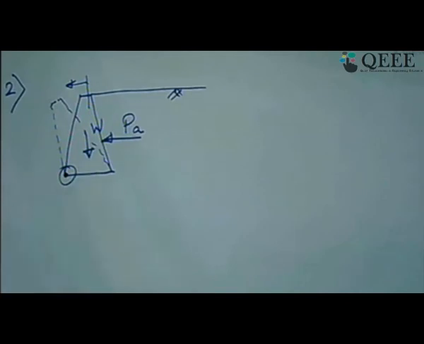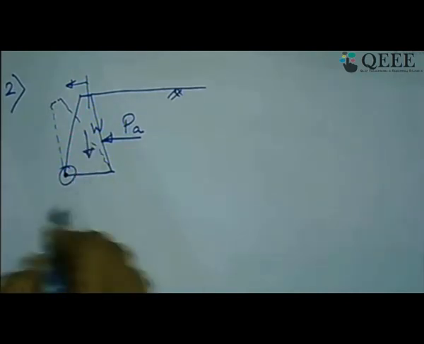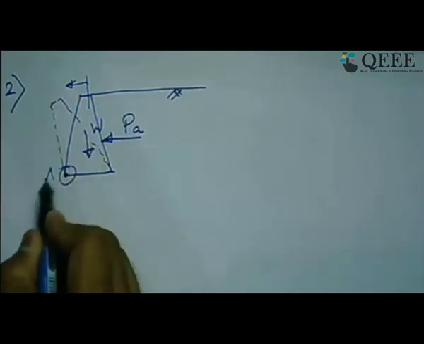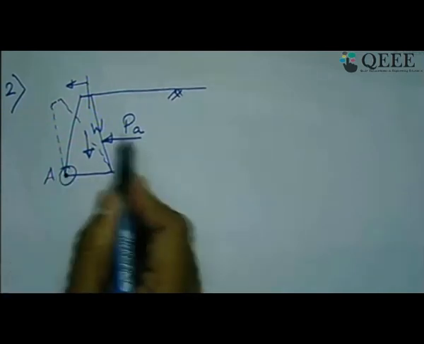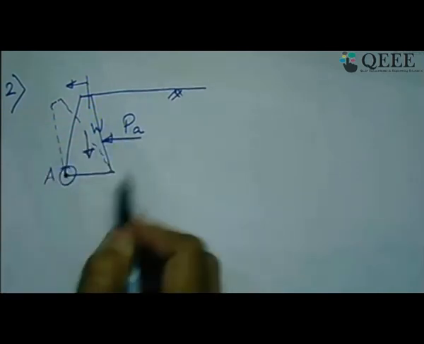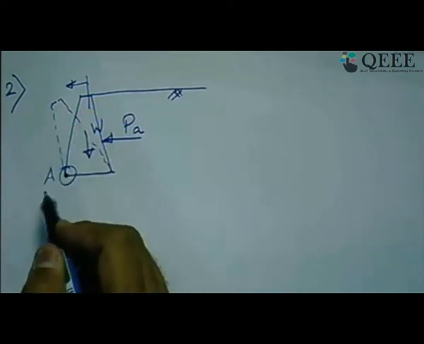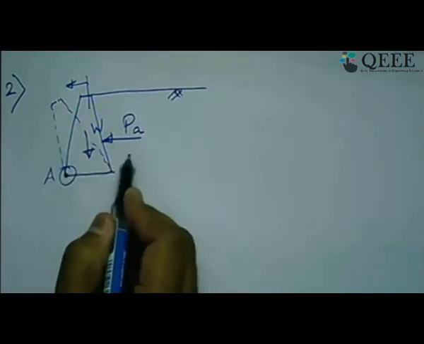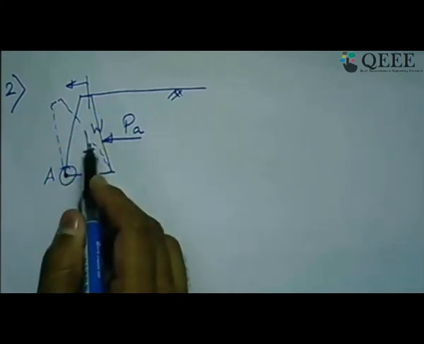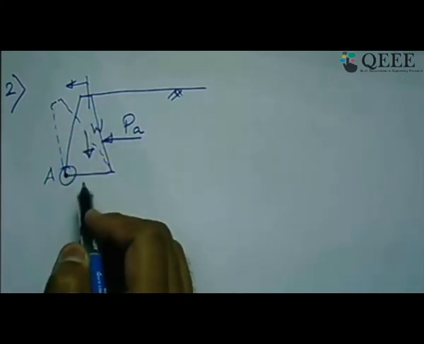Like in sliding also we have seen, because this generate, if you take moment about this point A, this generate a disturbing moment and this generate a stabilizing moment. So that way this weight of the wall will give more stability with respect to overturning.